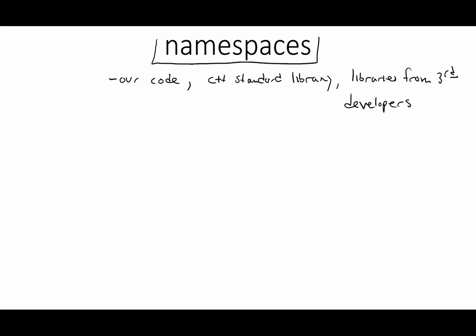For an example of that, suppose there's another library that has cout defined. If that happens, the compiler isn't going to know which one to use. Namespaces are containers that group our different entities. So let's say that for whatever reason, I want to redefine cout so it does something different in my code.